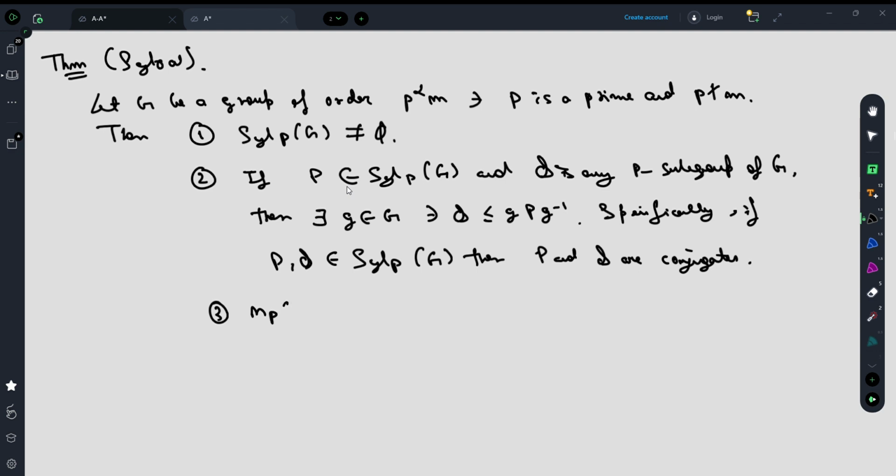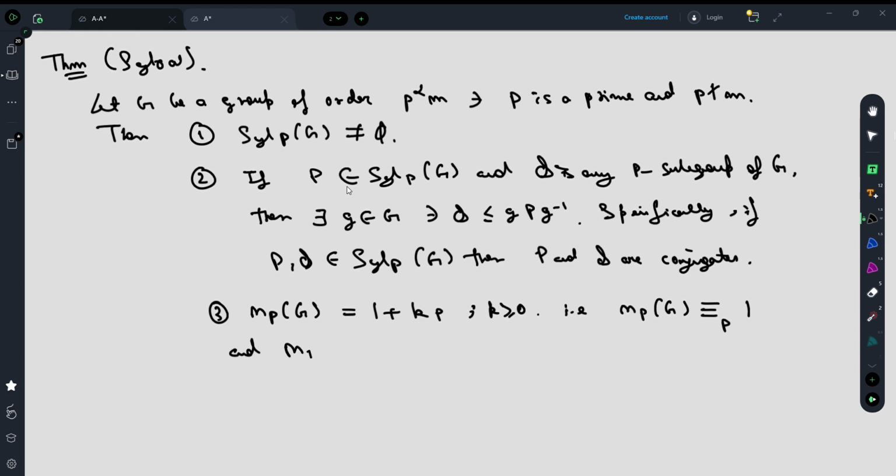Number 3 is that the number of Sylow p subgroups is of the form 1 plus kp, where k is a natural number including 0. So let me just write k is greater than or equal to 0. The other way of writing this is that the number of Sylow p subgroups is congruent to 1 modulo p.